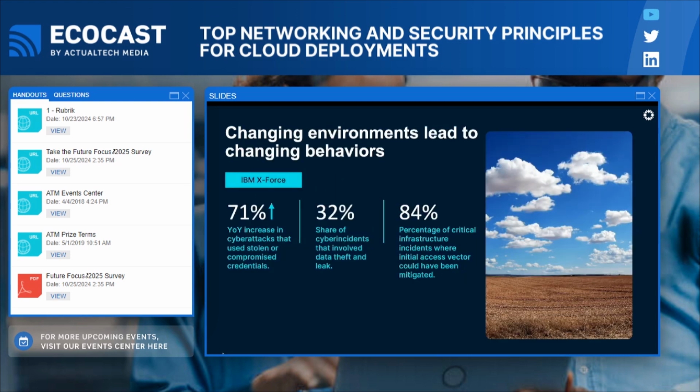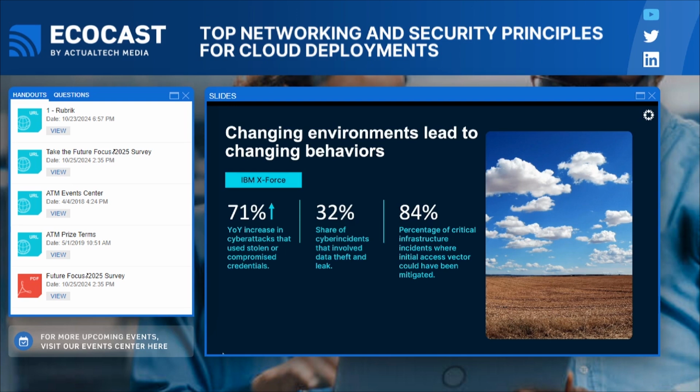Now, these changing environments, the way that we build our architectures, going from largely on-prem to adopting hybrid cloud to now multi-cloud and bringing in a lot of SaaS applications, is also leading to changing behaviors from a malicious actor perspective. These stats come from the latest IBM X-Force Threat Intelligence Index for 2024, where they noticed a 71% year-on-year increase in cyber attacks using stolen or compromised credentials.